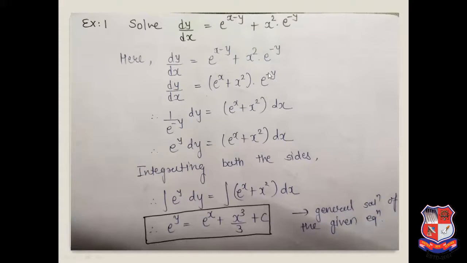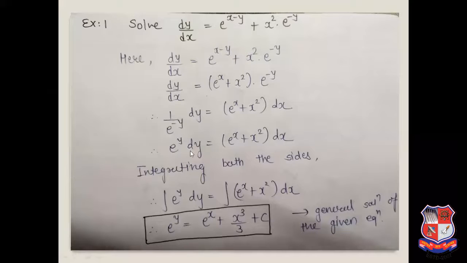Now we write variable x with dx and variable y with dy. So 1 upon e raised to minus y dy equals (e raised to x plus x square) dx. We can write 1 upon e raised to minus y as e raised to y, so e raised to y dy equals (e raised to x plus x square) dx.